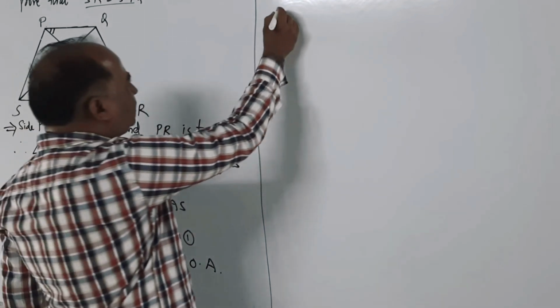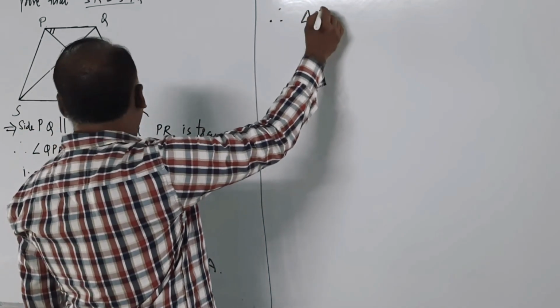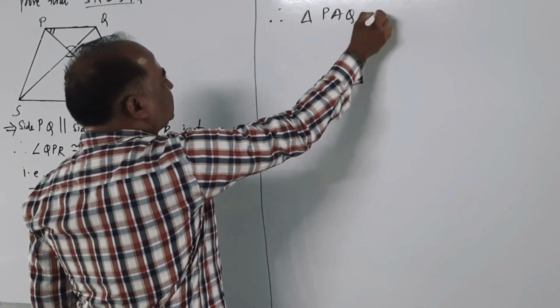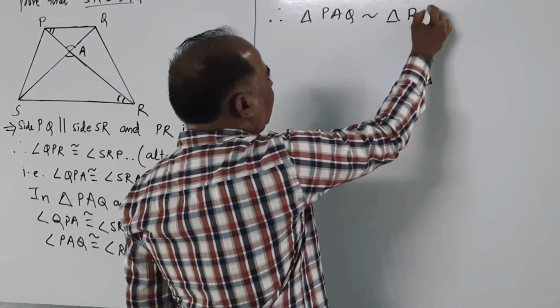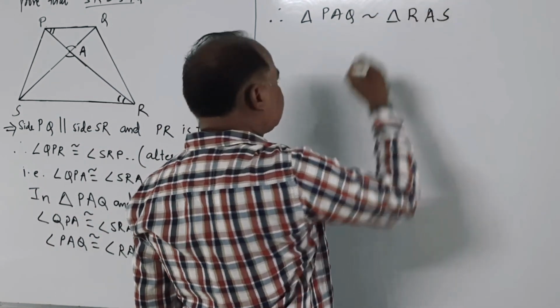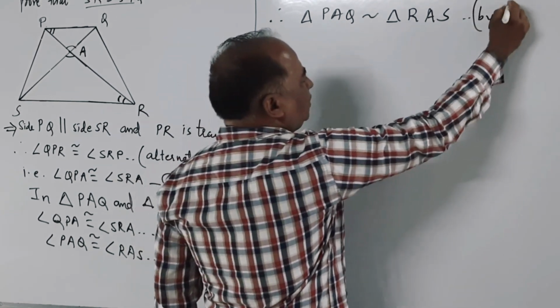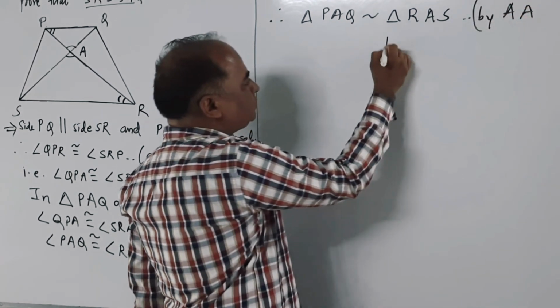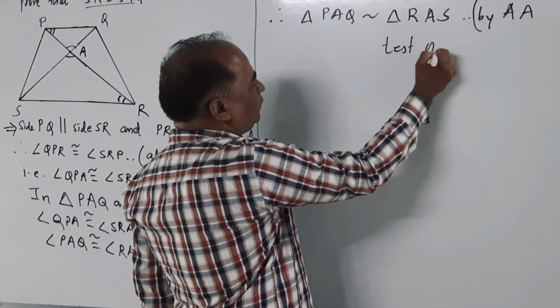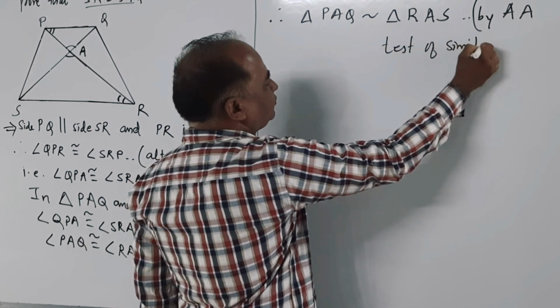Therefore, triangle PAQ is similar to triangle RAS by AA test of similarity.